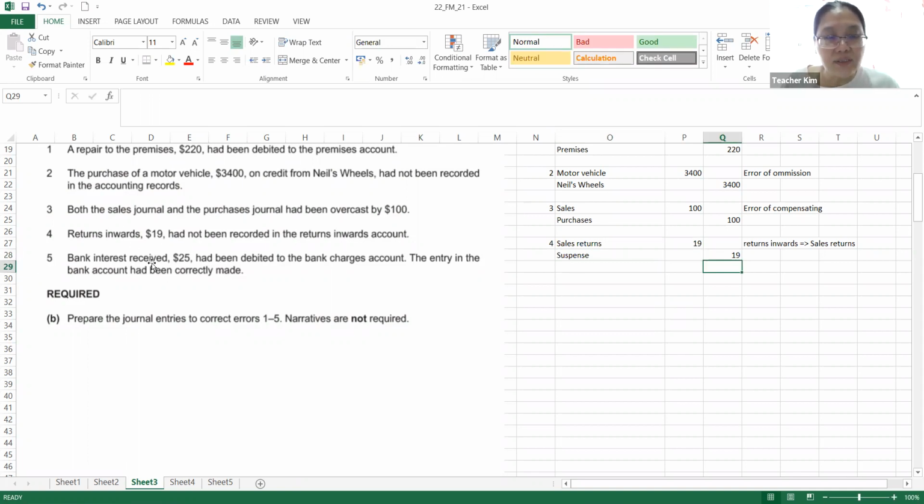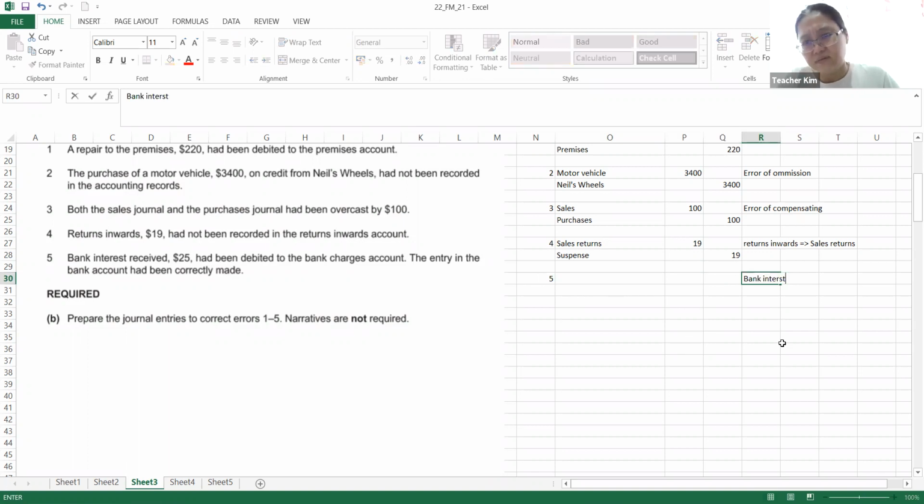Next is 5. Bank interest received 25. This is received means it's income. Has been debited to the bank charge. Bank charge is the expenses. The entry in the bank account has been correctly made. That means one side error. So this number 5, bank interest received.